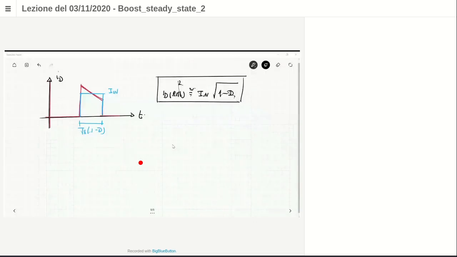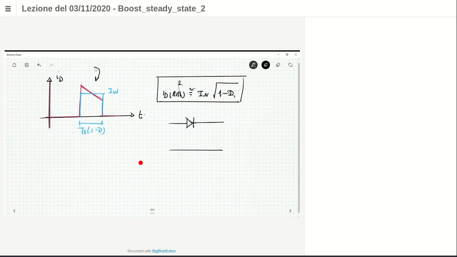Just to describe this situation, this is the inductor current. As you can see, it is a pulse current. Let me just draw the output side of the converter, in which you have the output capacitance, C0, IC0, this is ID, and this is I0, which is constant.